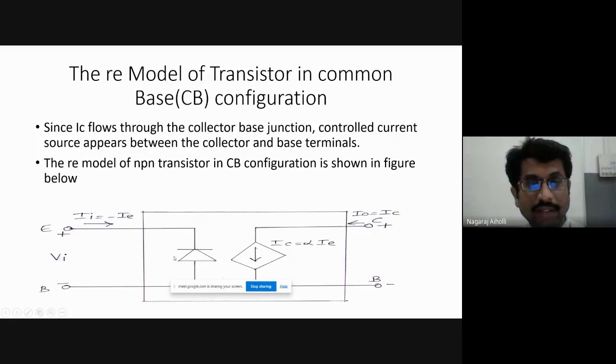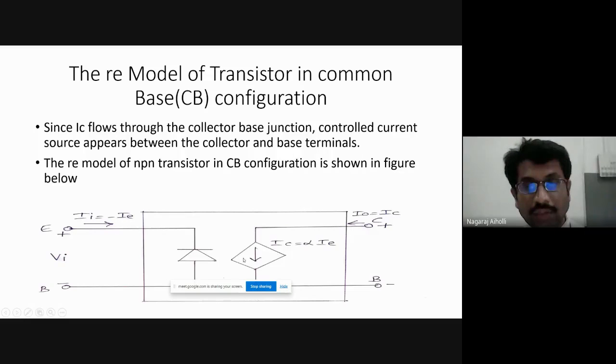It is represented by a PN junction diode. Now here the input current is minus IE. Therefore, the diode is represented by a reverse polarity, negative positive. If the input current was positive, then the diode would be represented as positive negative. As the input current is negative here, minus IE, the diode is represented in a reverse direction, that is negative positive, in between the emitter to base terminals.